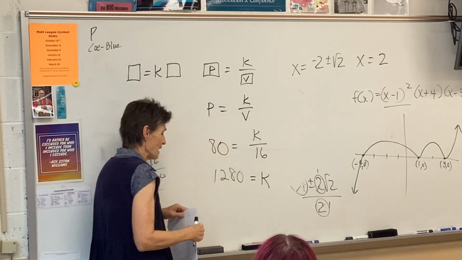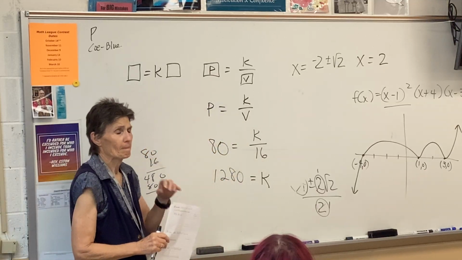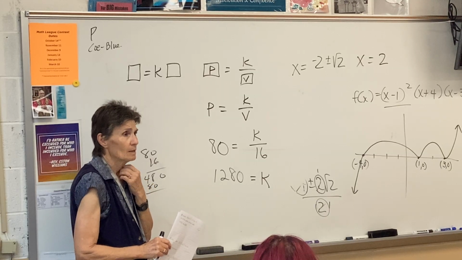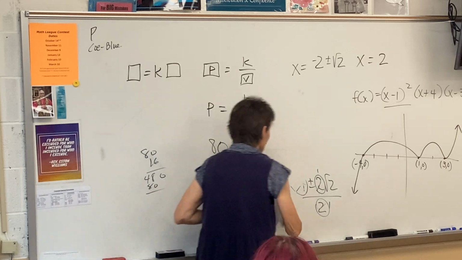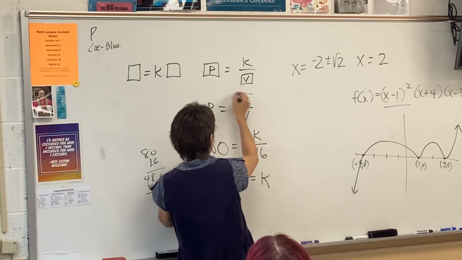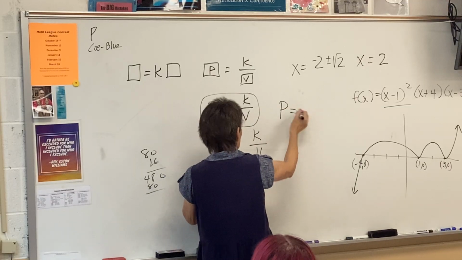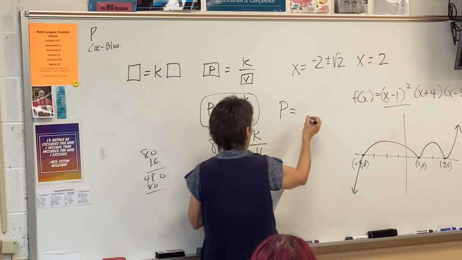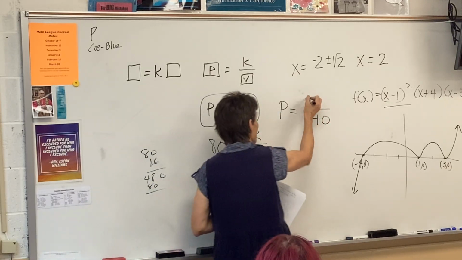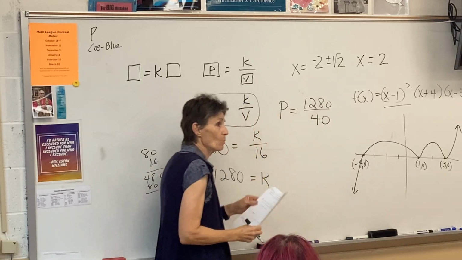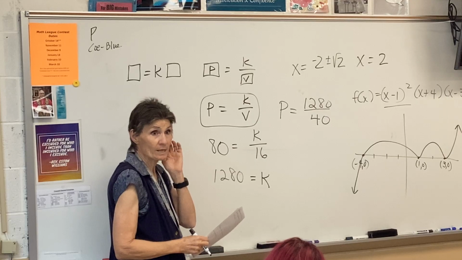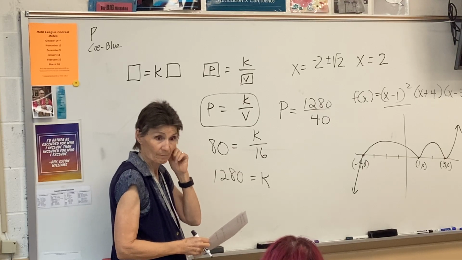So we have 1280 for our K. All right? Then what? Well, what does the next one say? Find the pressure when the volume is 40, but you just figured out K was 1280. So isn't your pressure gonna be 1280 divided by 40, which is 32?